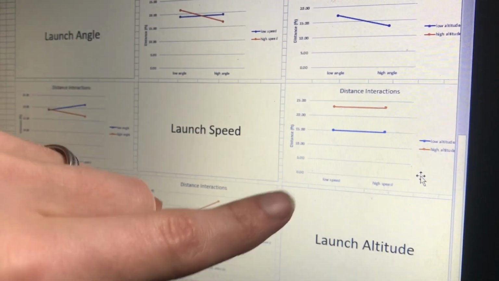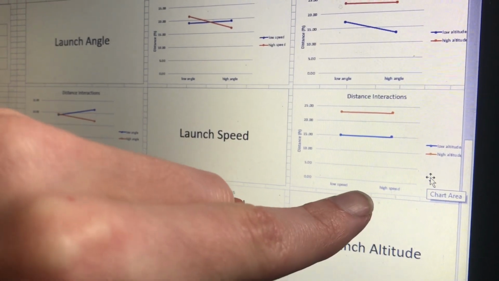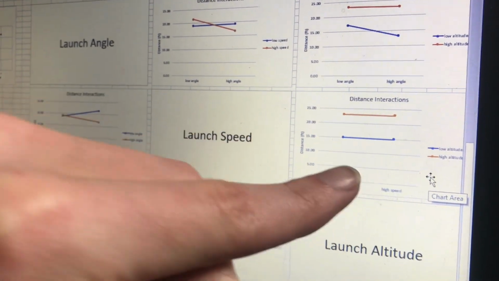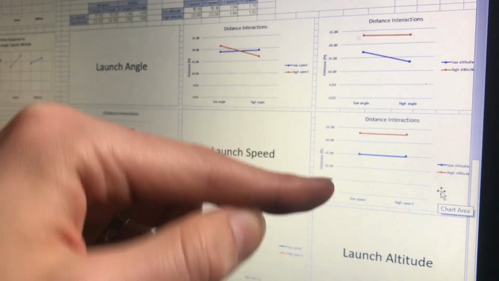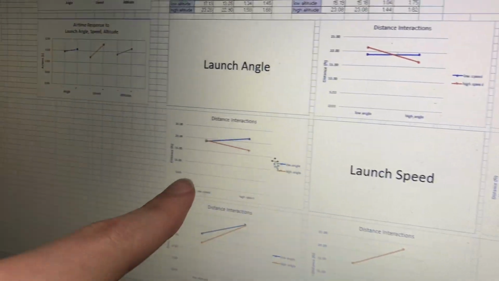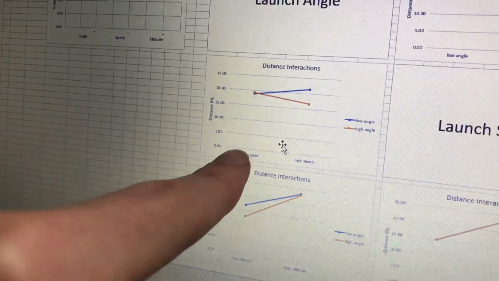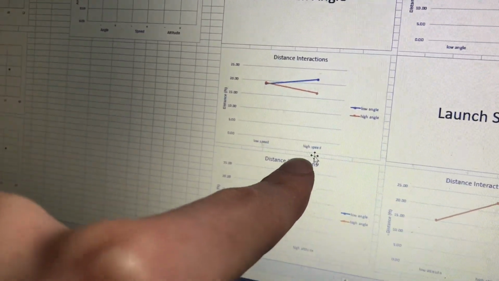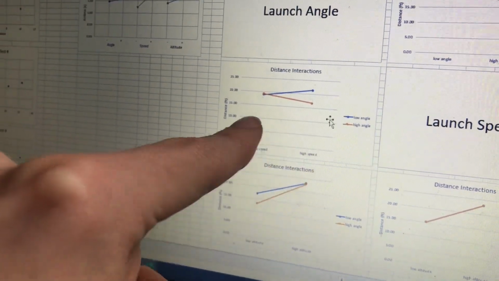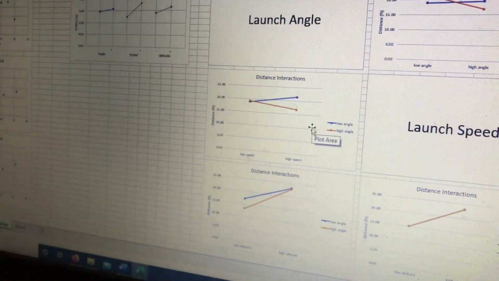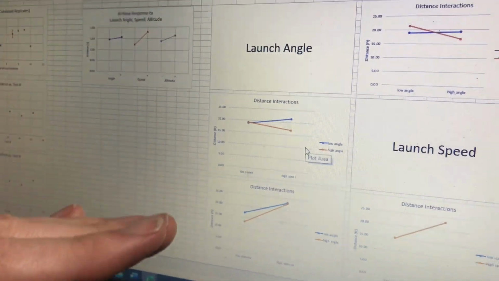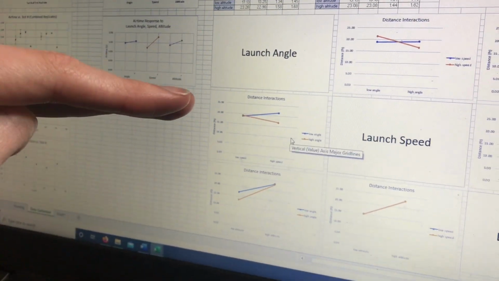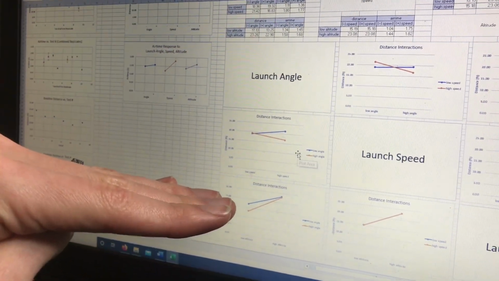What that means is the speed does not interact with the altitude because they have the same slope. Whereas in this case, it looks like if we have a higher speed, then a lower angle is going to give even more distance and a higher angle will give even less.